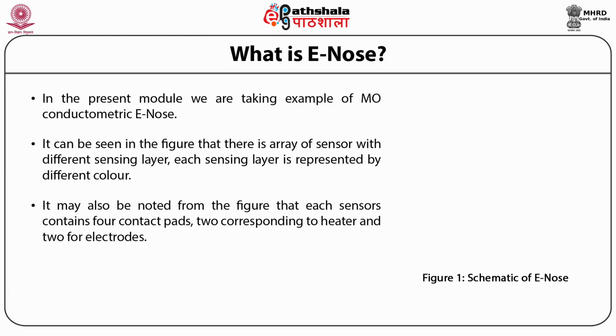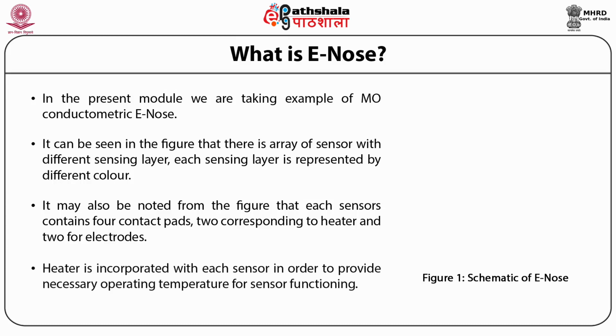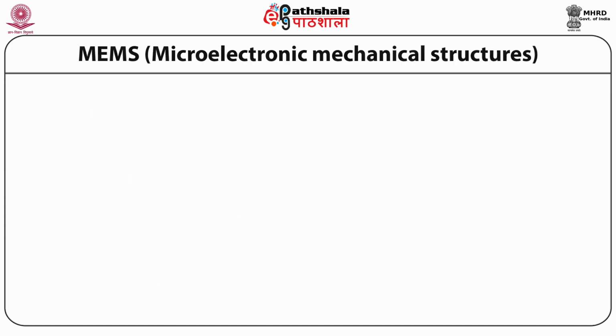It may also be noted from the figure that each sensor contains 4 contact pads, 2 corresponding to heater and 2 for electrodes. Heater is incorporated with each sensor in order to provide necessary operating temperature for sensor functioning.